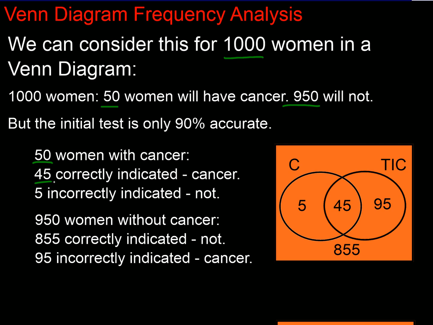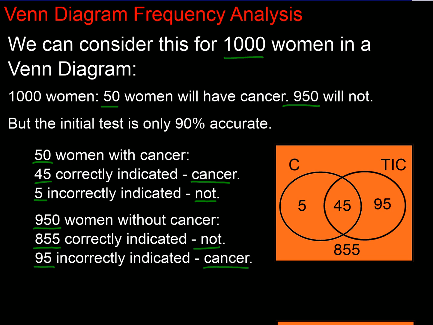So 45 of them are going to be correctly indicated as having cancer, but 5 of them are incorrectly indicated that they're not. Of the 950 women without cancer, 90% will be correctly indicated, so that's 855 told they've not got cancer, but 95 are going to be incorrectly indicated that they have cancer.